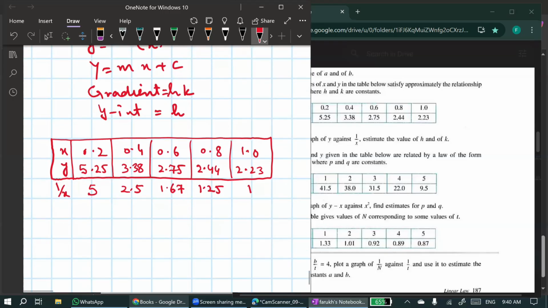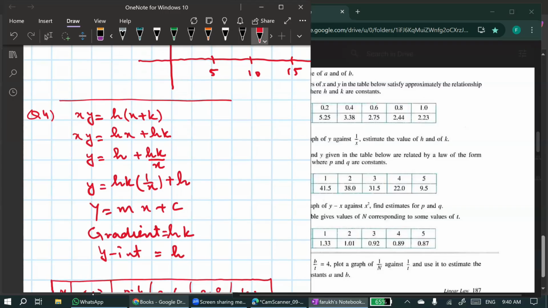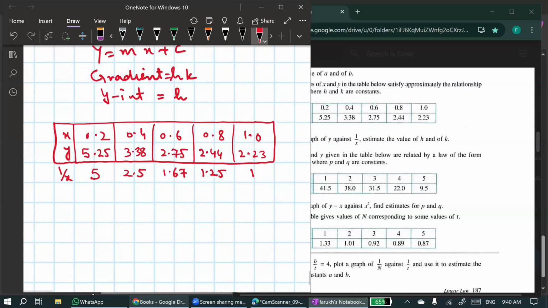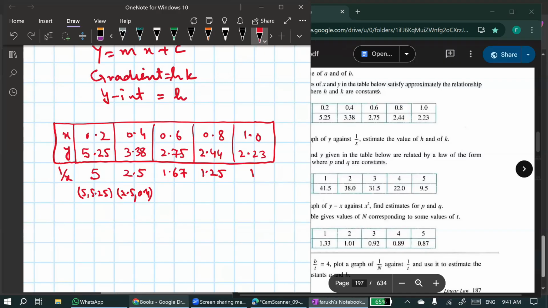Now the coordinates of this graph are 1 over x comma y. 5 comma 5.25, 2.5 comma 0.4, 1.67 comma 2.75, 1.25 comma 2.44, and 1 comma 2.23.